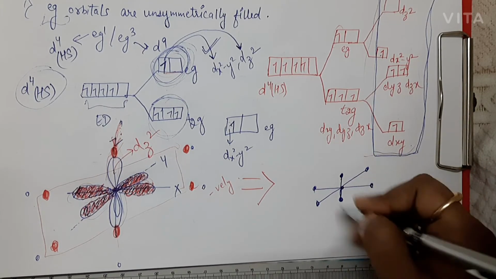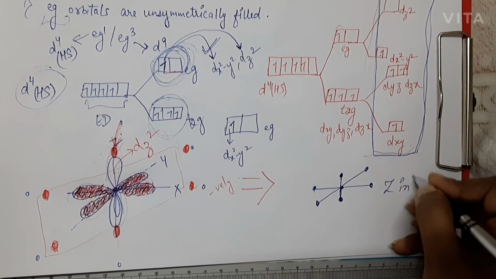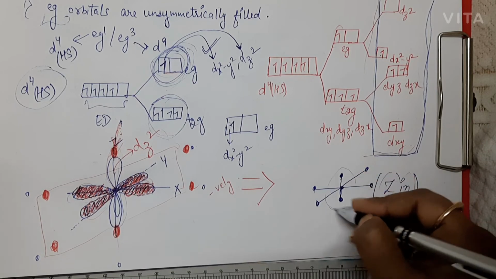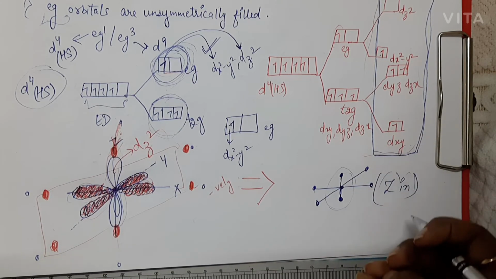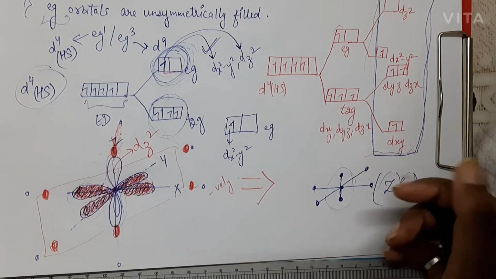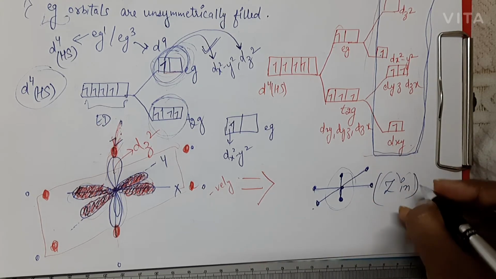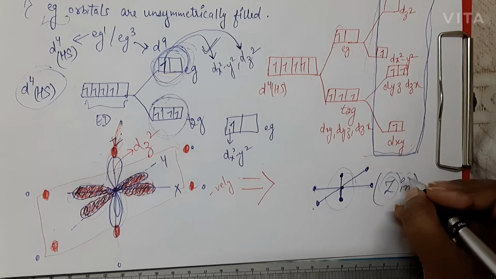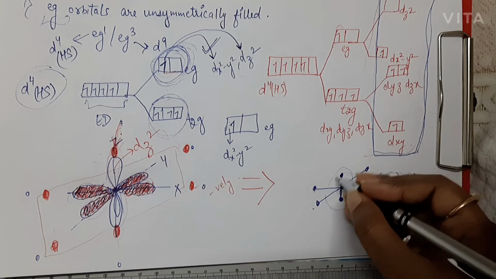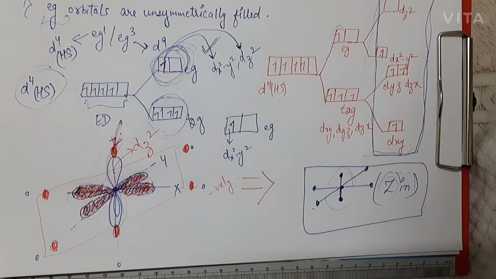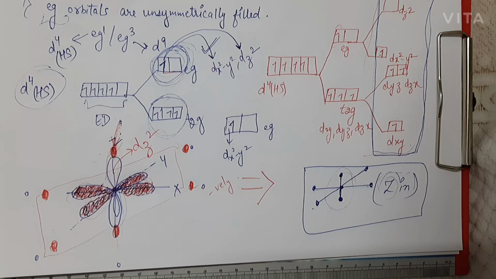Why are we saying Z in? Because along the Z axis the bond has been compressed, and along the x and y axis the bond has elongated. Because the bond has moved inward towards the z axis, that's why it is called Z in Jahn-Teller distortion.